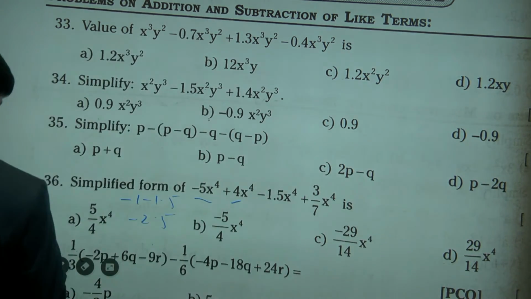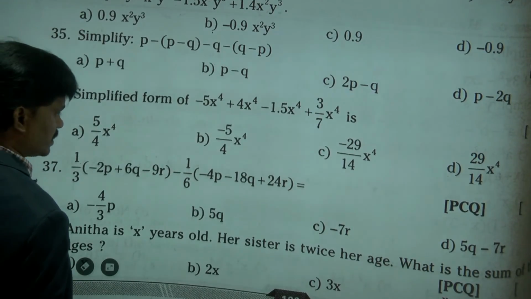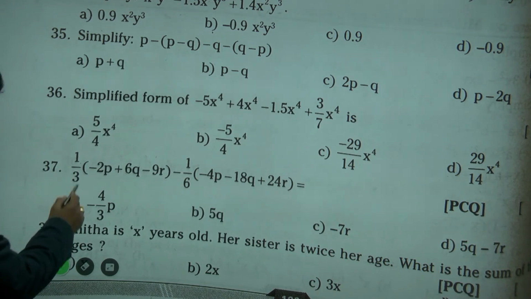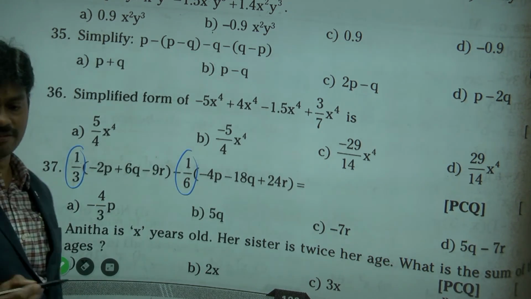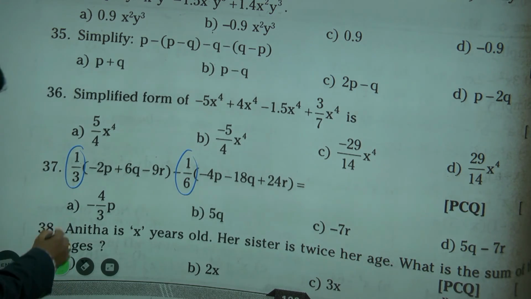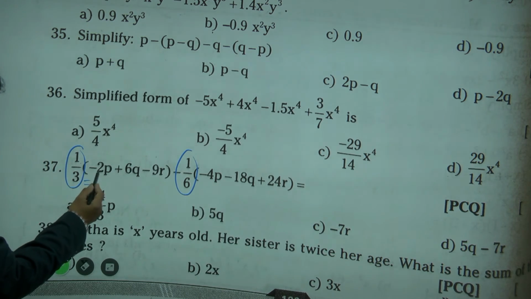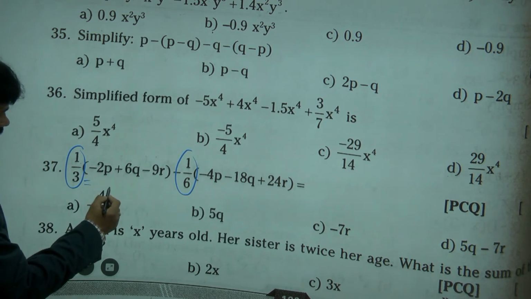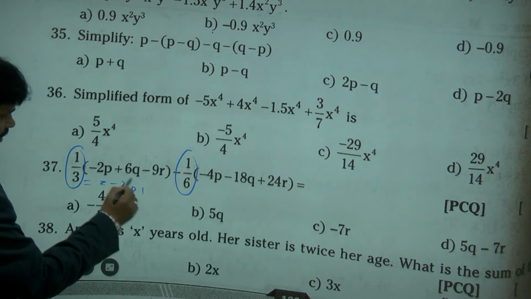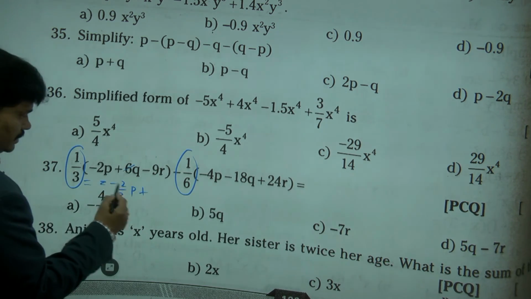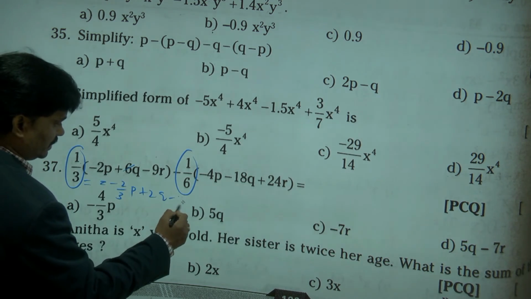So likewise 37 also we will do here. Please check 37. In this, there is a coefficient of 1 by 3 and 1 by 6. First we have to multiply with 1 by 3 and 1 by 6, then we have to go on. So first I am multiplying 1 by 3, it's like this: minus 2 by 3 p, and 6 and 3 cancel, we will get 2q, and here 3 times 3r.